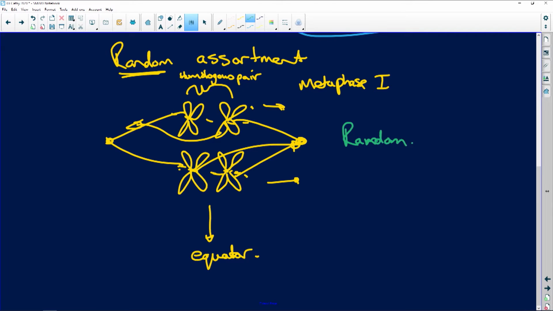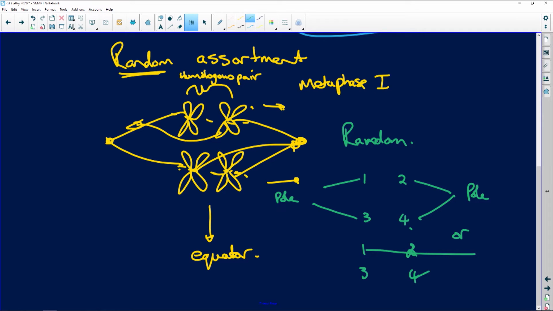Random. So if I've got number 1 and number 2 and number 3 and number 4 sitting like that, I can either have 1 and 3 pulling to this pole and 2 and 4 pulling to this pole. Or I can have 1 and 4 pulling to this pole, and 2 and 3 pulling to this pole.